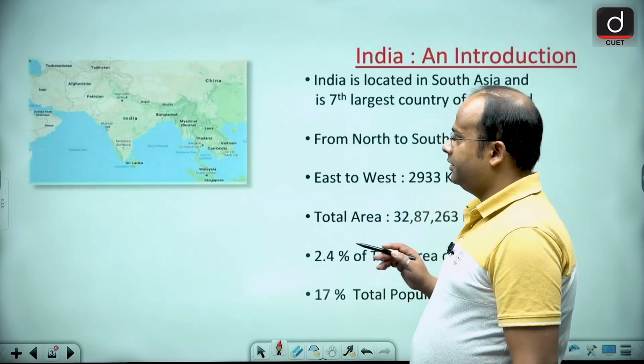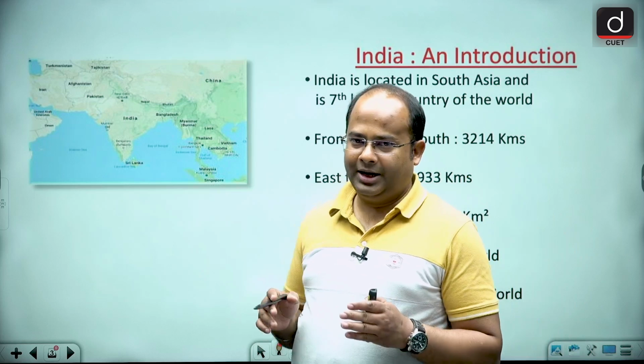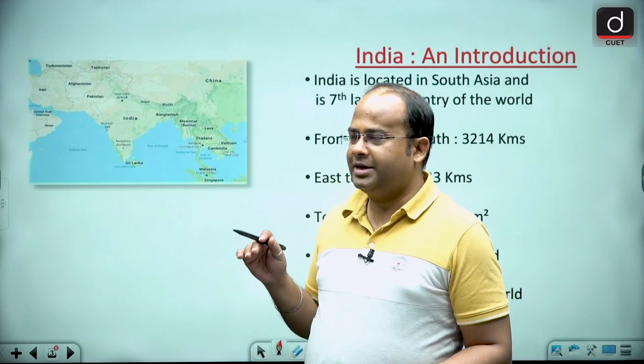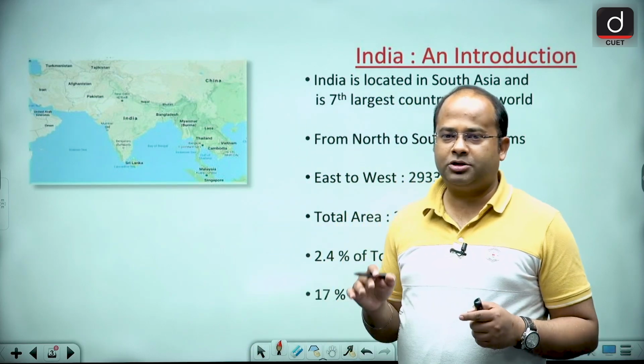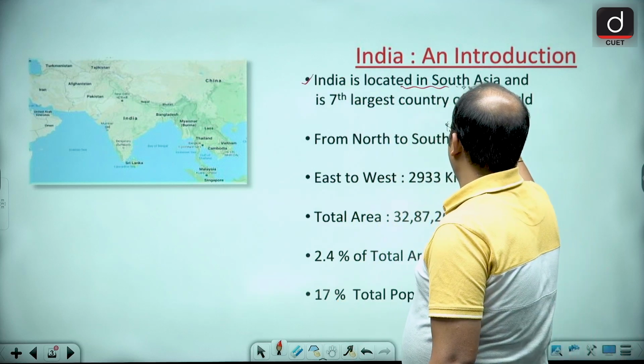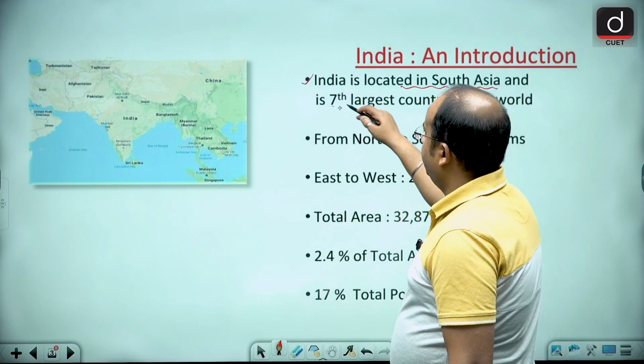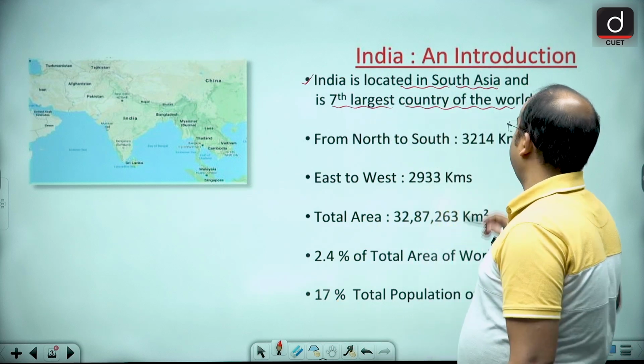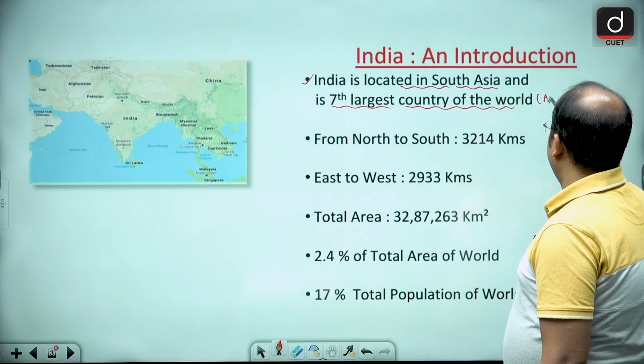Now guys, the first thing we will be discussing is India as a whole. First of all, India is located in Asia, in the south of Asia. So it is a South Asian country, and area wise it is the 7th largest country of the world.